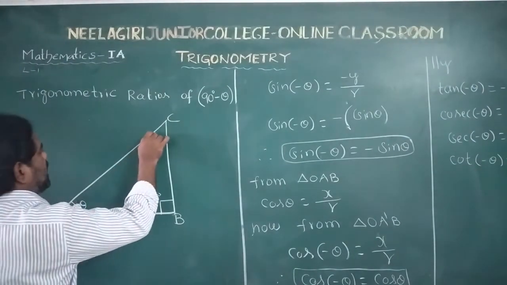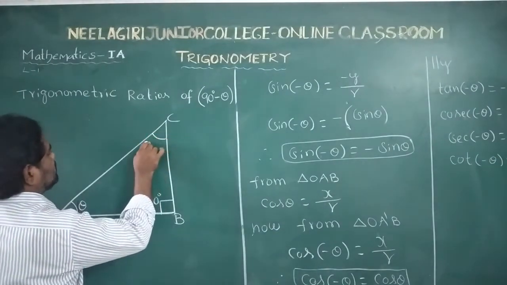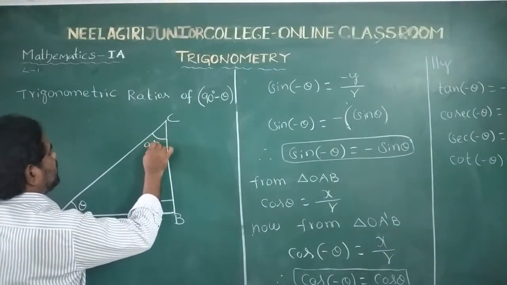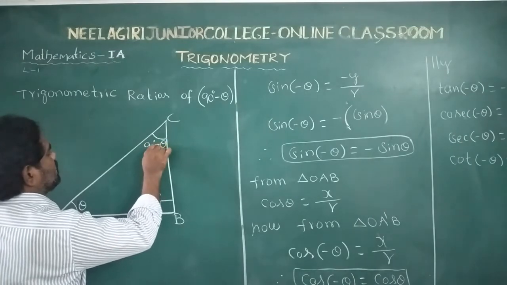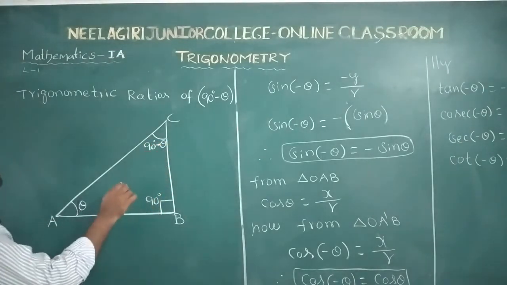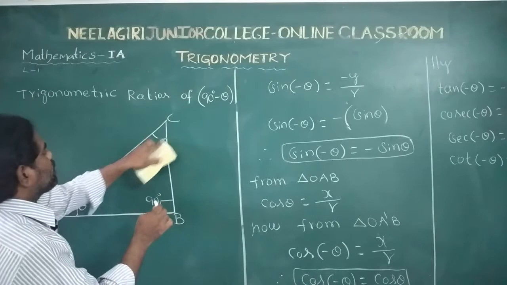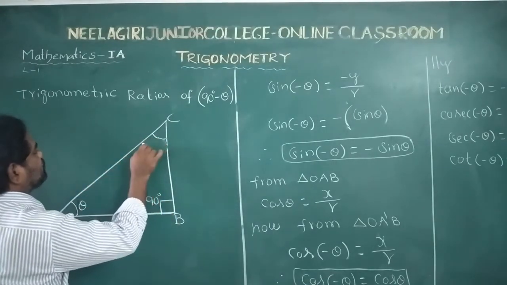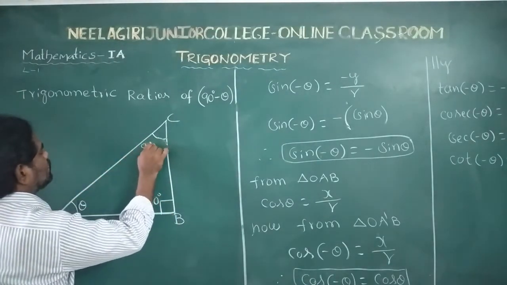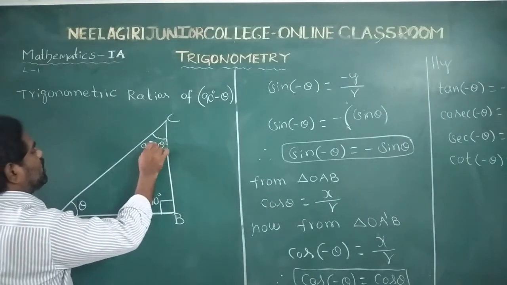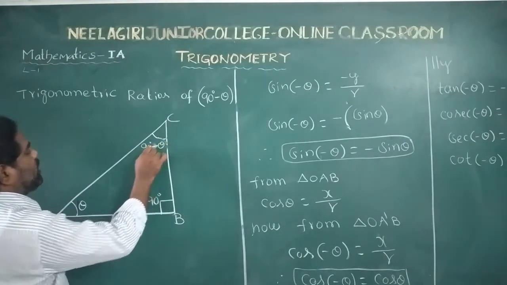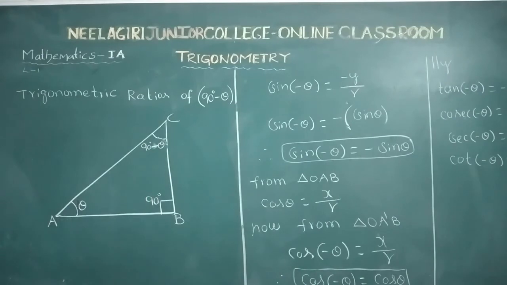Now in a triangle the sum of the angles is 180 degrees. The angle at C must be 90 minus theta.